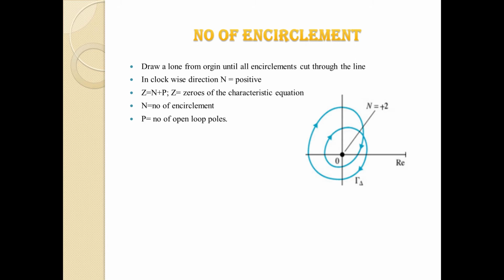So first we need to identify whether a point is enclosed by the contour or not, and after it is enclosed, we need to find the number of encirclements of the point.